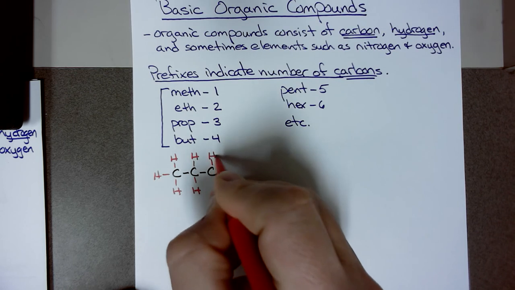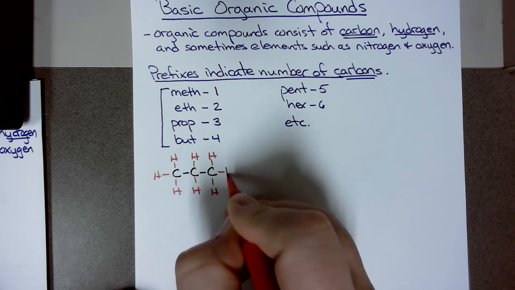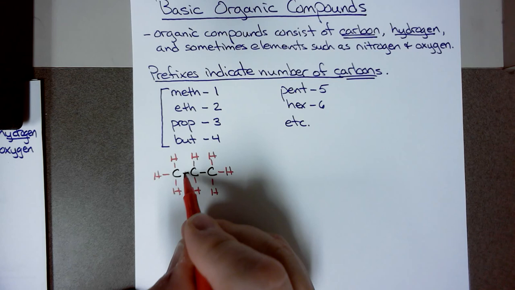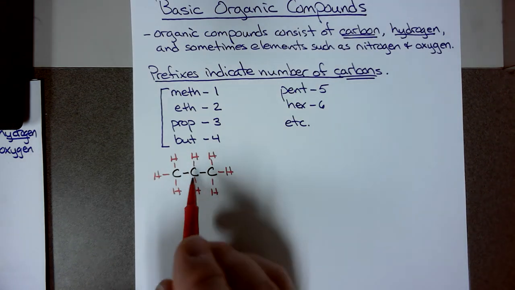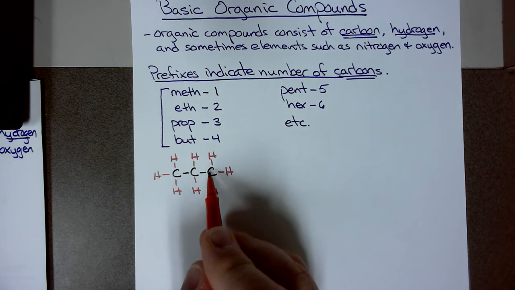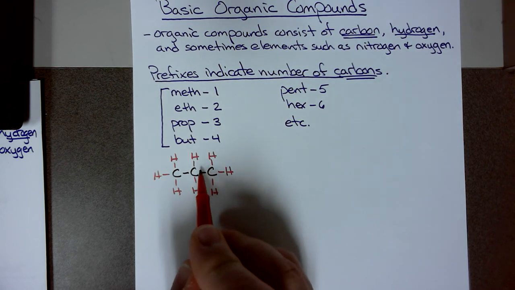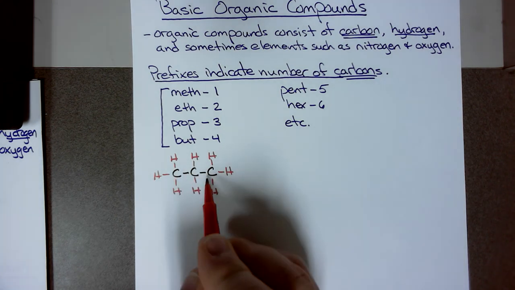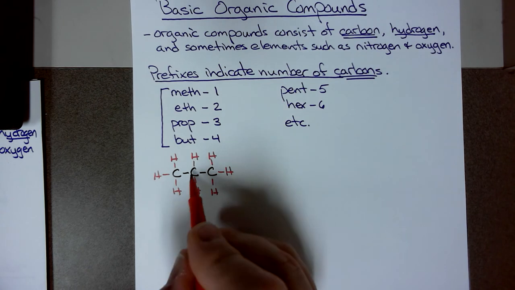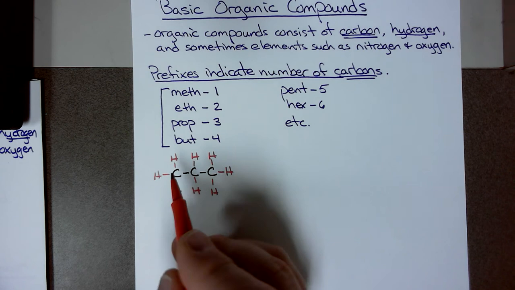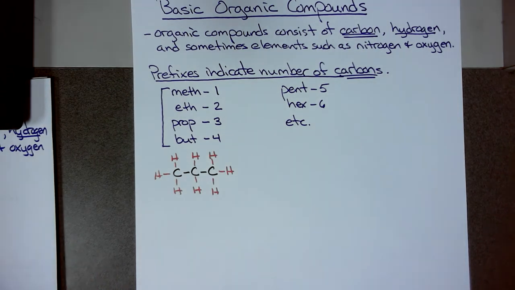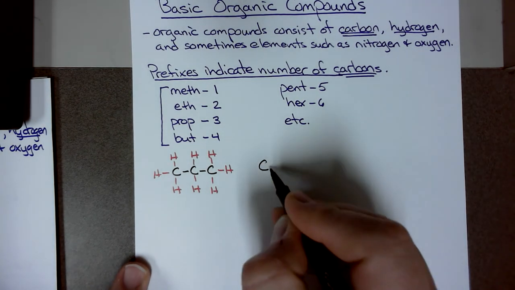So in this case, we have hydrogens. There's 1, 2, 3, 4 bonds, 1, 2, 3, 4, and so forth. So really what we're looking at for naming is the 3 carbons here. But when I count this, we have 1, 2, 3 carbons, and then 1, 2, 3, 4, 5, 6, 7, 8 hydrogens. So the formula would be C3H8.